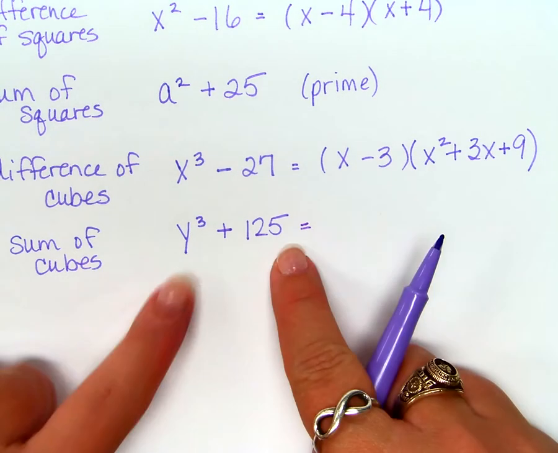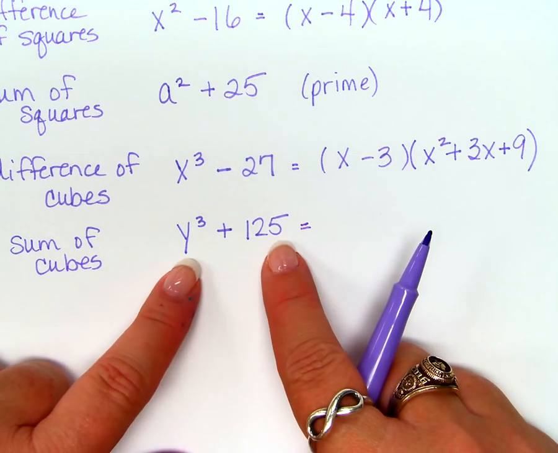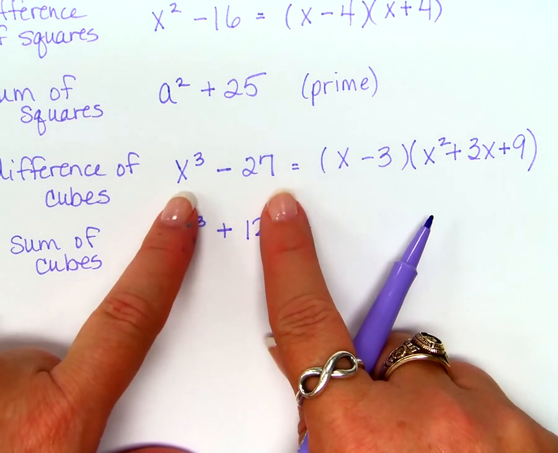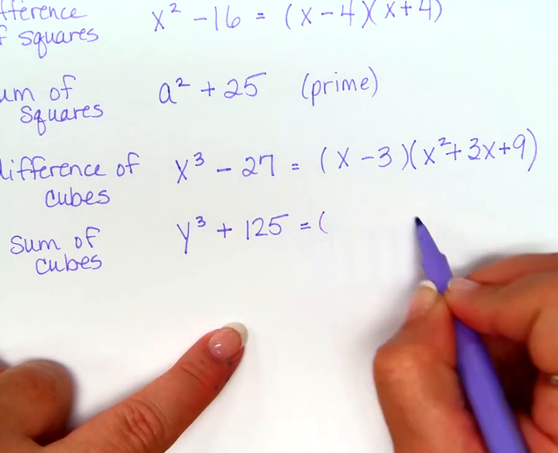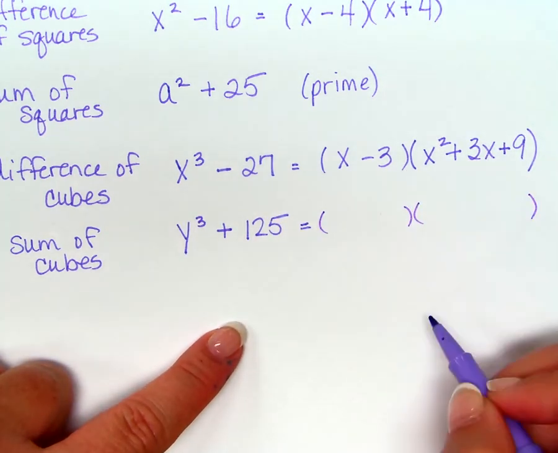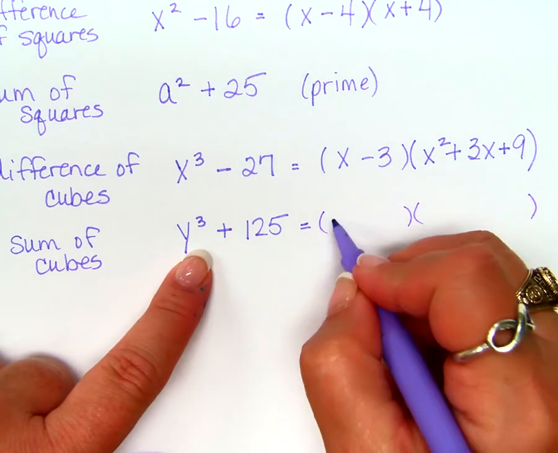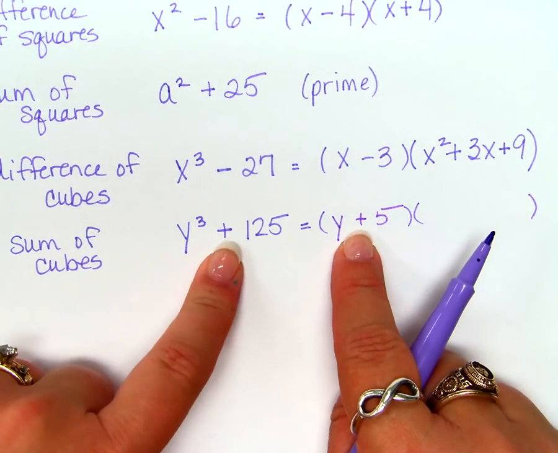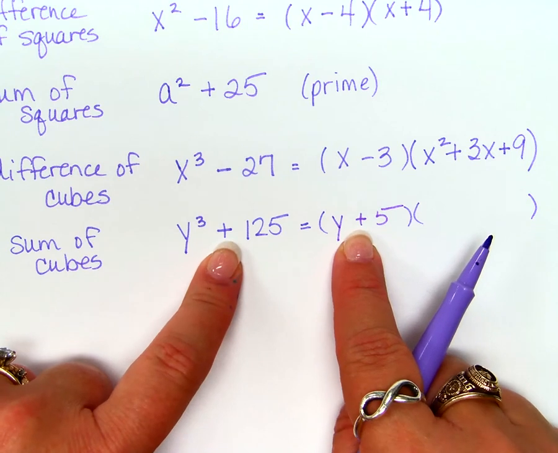But here, remember the good news about the pattern for this one? The way I taught you, it's the same pattern as this one, right? I need a binomial and I need a trinomial. The binomial is the cube root of each one of these with the same sign as our problem.